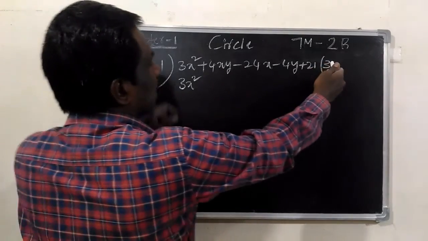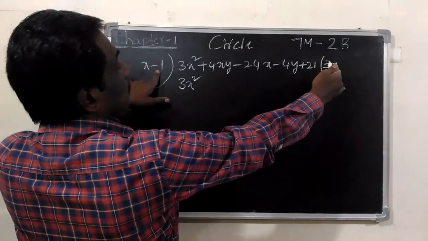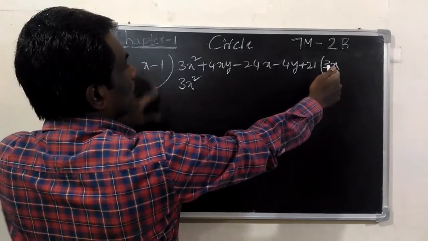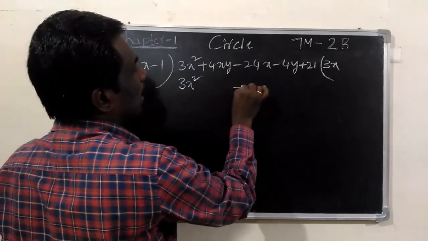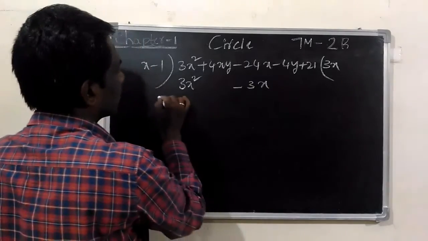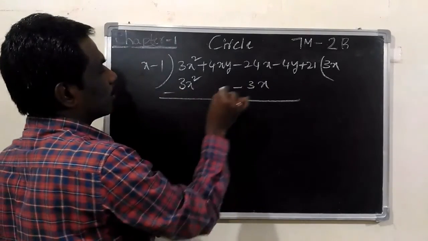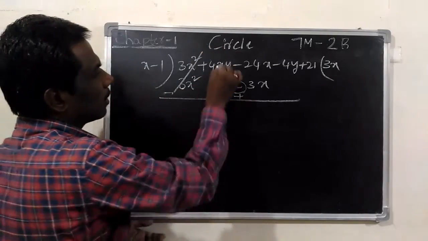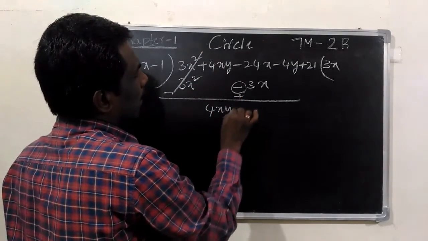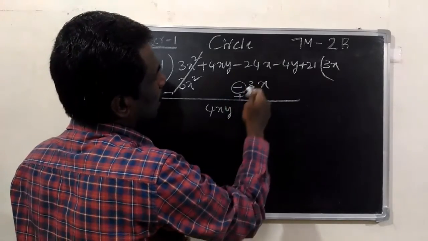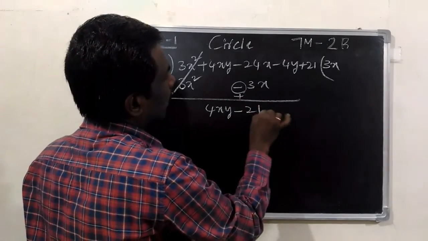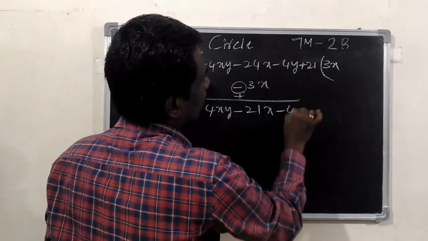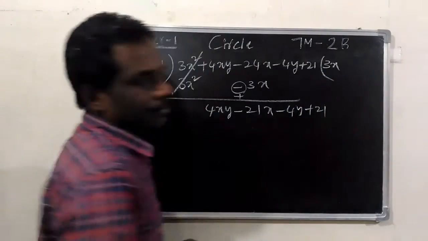The same quotient is multiplied with the second divisor, that is minus 1. 3x into minus 1 is minus 3x. Symbol change. And 3x square gets cancelled. 4xy remains here. Minus 24x plus 3x is minus 21x, minus 4y plus 21, as it is.